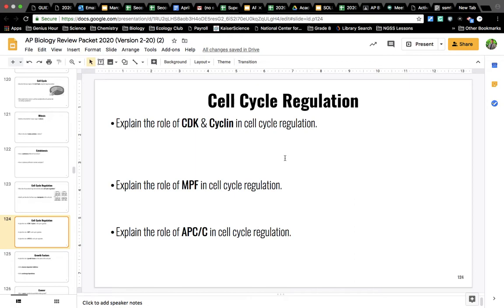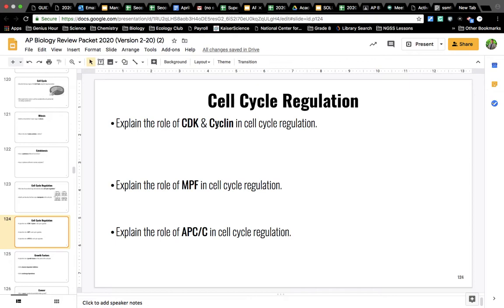So we've got 2 that are very important: kinases and cyclins. CDK is known as a cyclin-dependent kinase. This is your kinase. Cyclin-dependent kinases mean that they are dependent on cyclin.